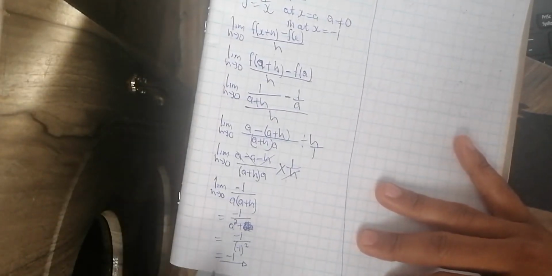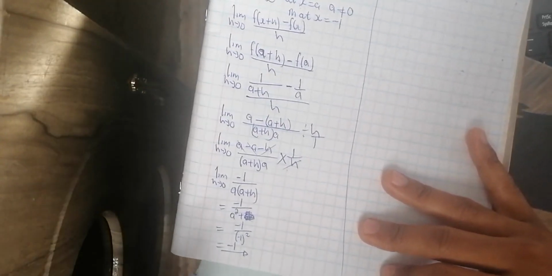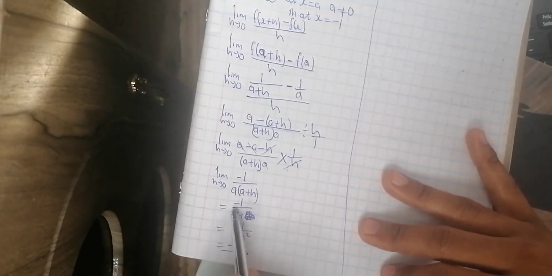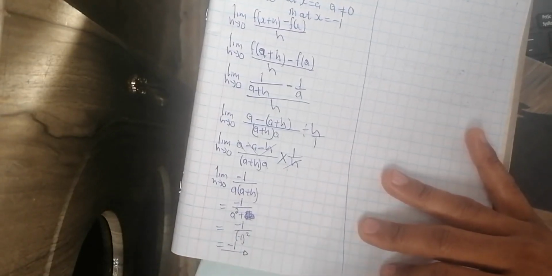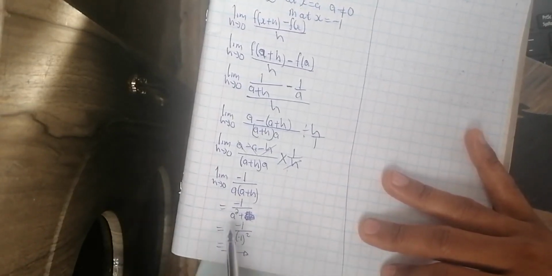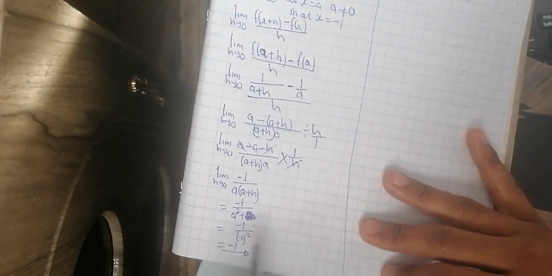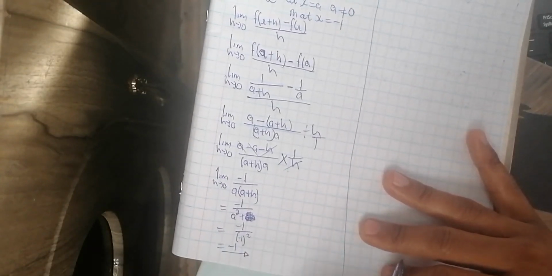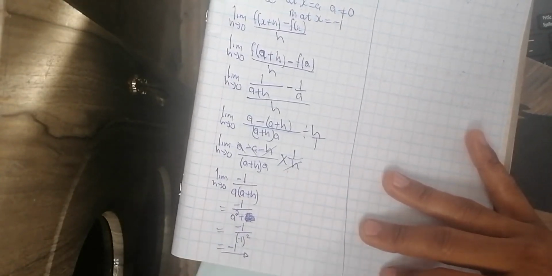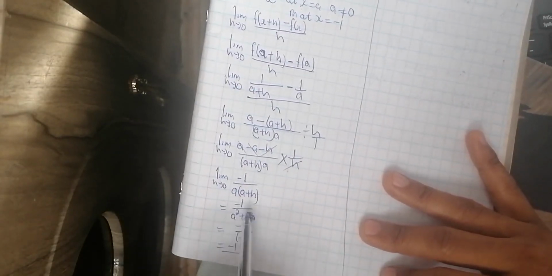And even if a is equals to positive 1, the slope would still be minus 1. Why? Because the exponent is an even number. So even if a was negative, we would still get the slope of minus 1, and even if it is positive, there is no change. Because you are squaring a negative number, you get a positive number.